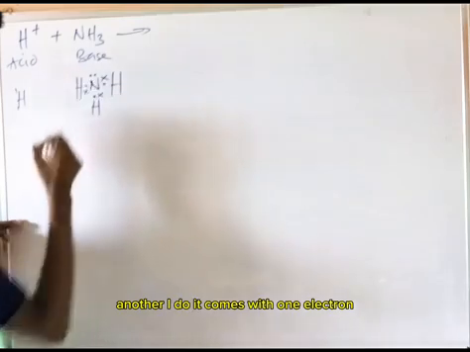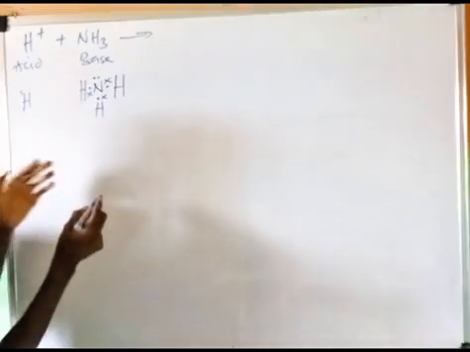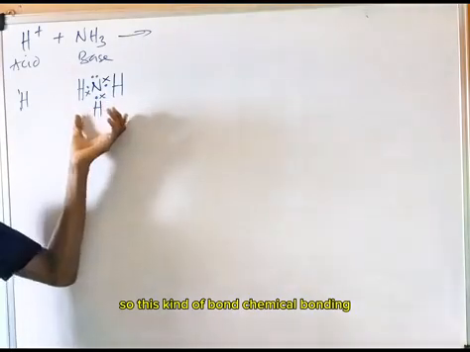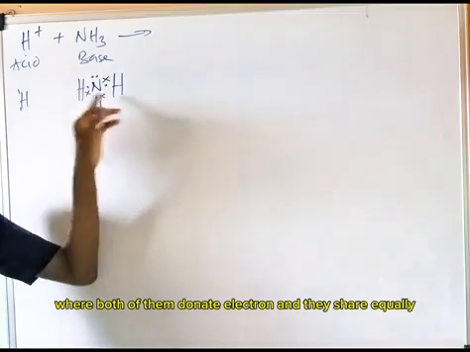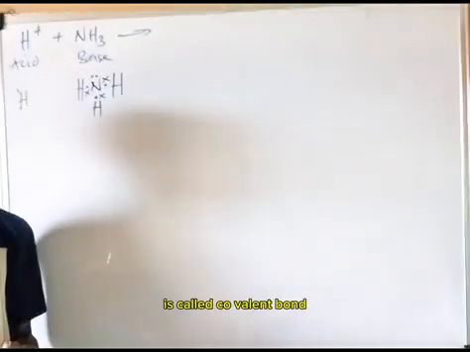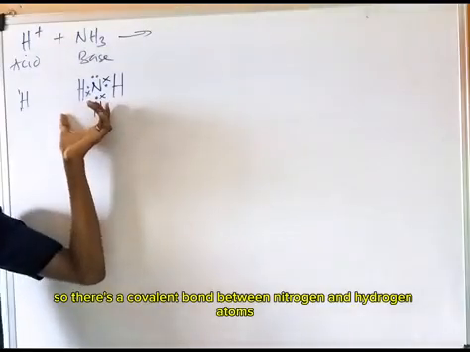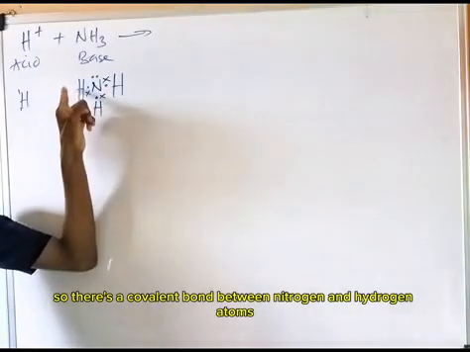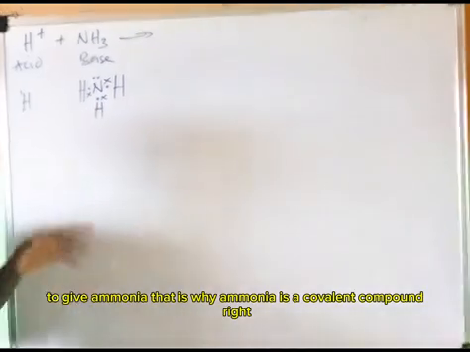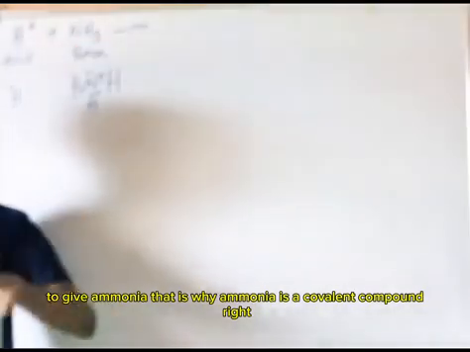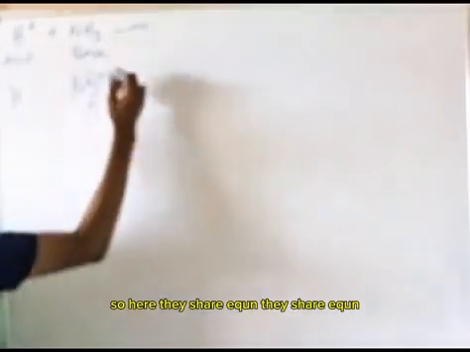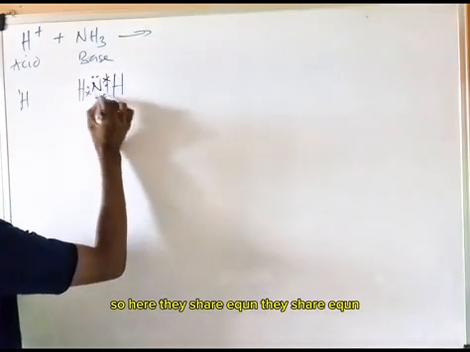Another hydrogen comes here with 1 electron. Then they share. So this kind of chemical bonding, where both of them donate electrons and they share equally, is called a covalent bond. So there's a covalent bond between nitrogen and hydrogen atoms to give ammonia. That is why ammonia is a covalent compound, right? So here they share equally.